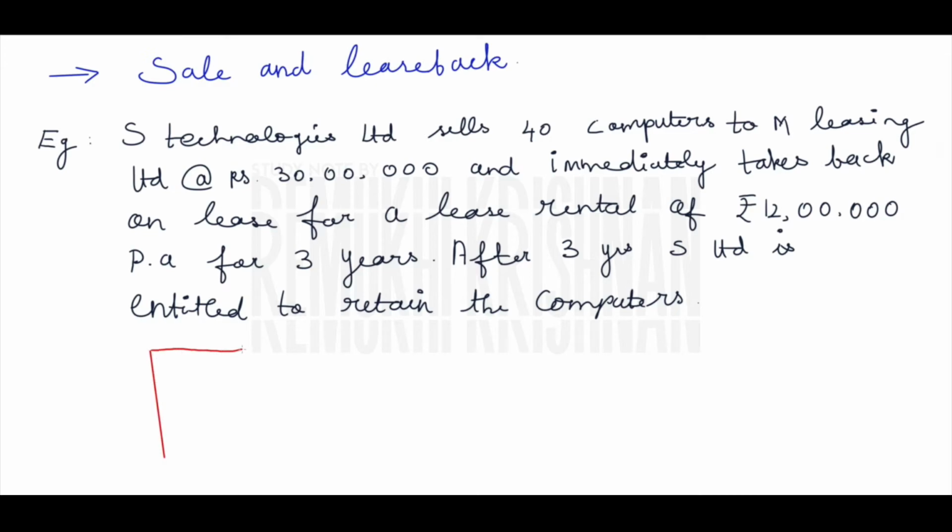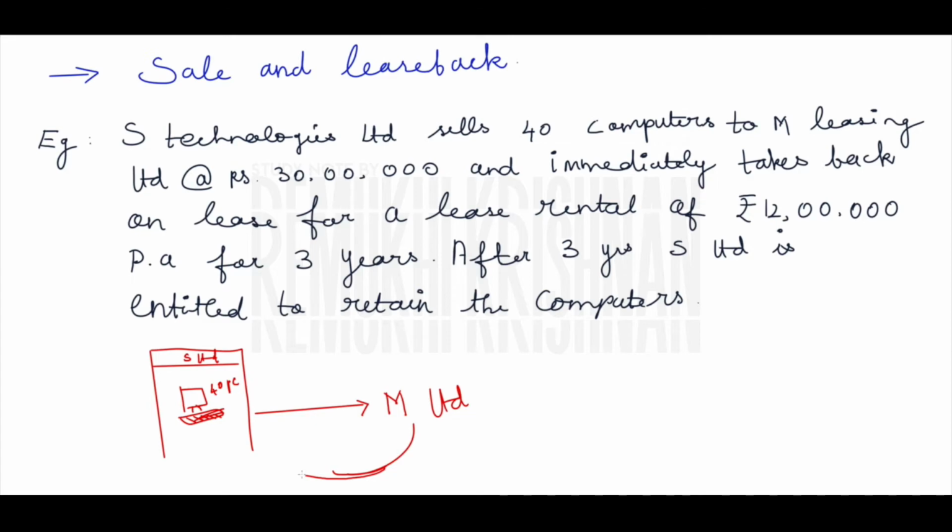Under this arrangement, through a sale deed, ownership is transferred to the lessor. Who is the lessor here? The lessor is M Leasing Limited, because S Limited is the person who is selling the computers to M Leasing Limited.